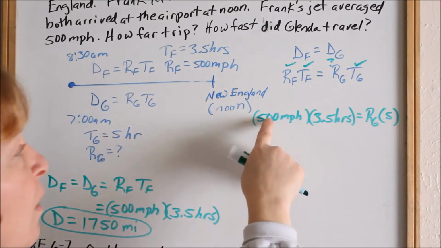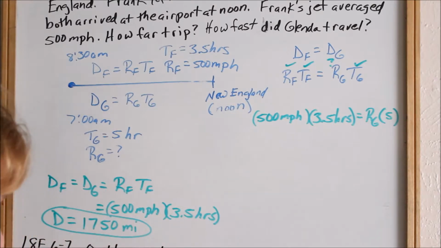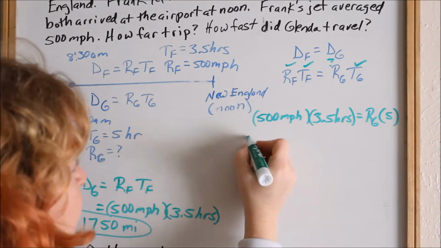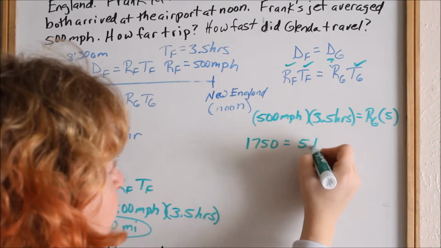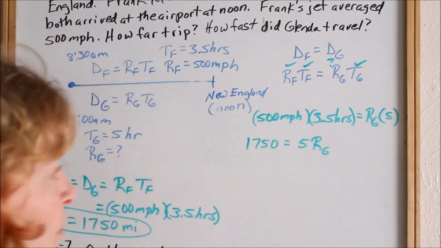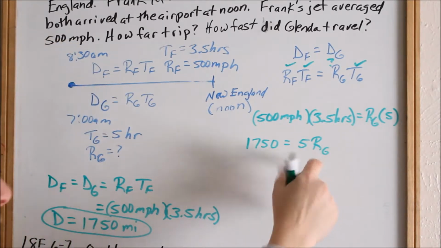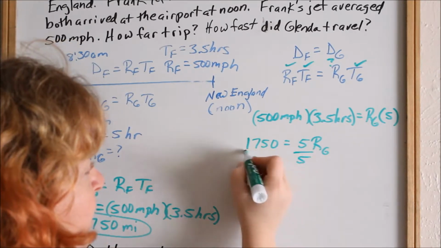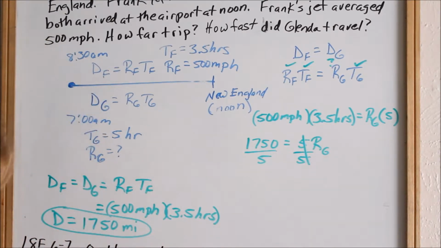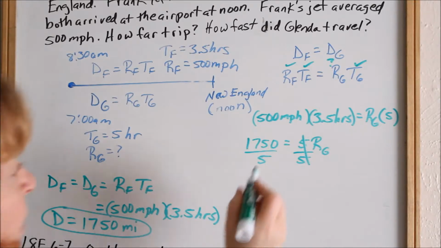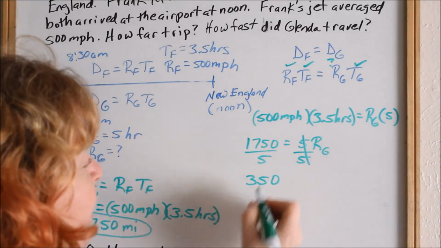Okay? So here I'm just multiplying my numbers together. 500 times 3.5 was 1750 equals 5 times Glenda's rate. Well, I'm solving for Glenda's rate, which means I'm dividing by 5. That goes away. So 1750 divided by 5 came out to 350, that's a rate.